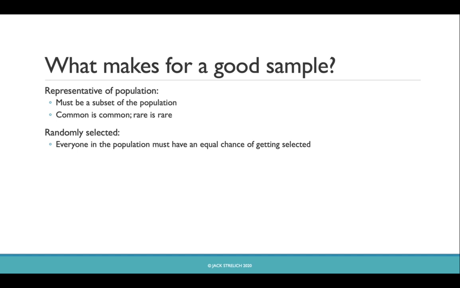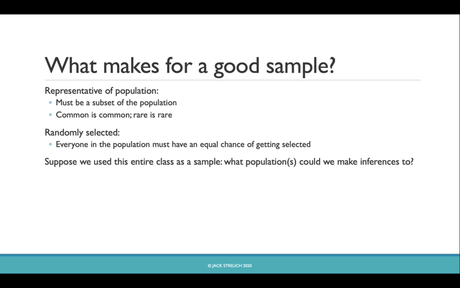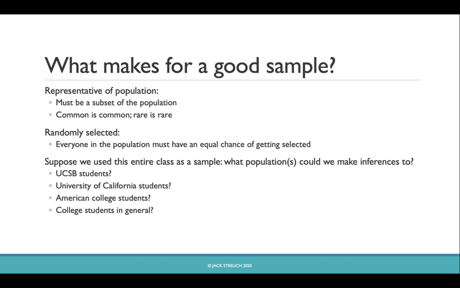Now, as a little exercise here, suppose we used this entire 10B class as a sample. What population or populations would it be appropriate for us to make inferences to? UCSB students in general? University of California students? American college students? College students in general, not just in the United States?